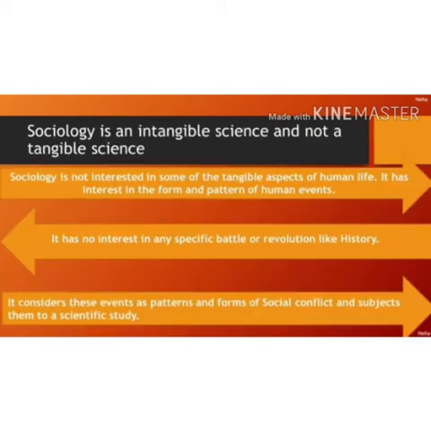Fourth point is sociology is an intangible science and not a tangible science. Tangible means able to touch; intangible means unable to touch. Here, sociology is not interested in the tangible aspects of human life.